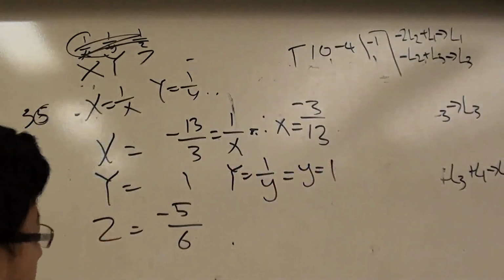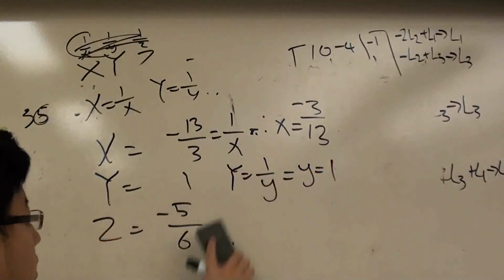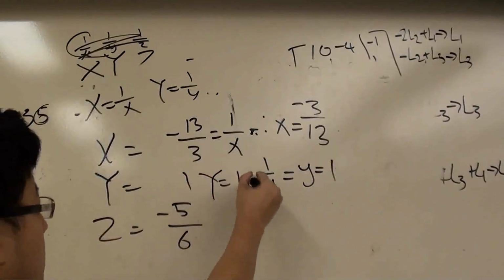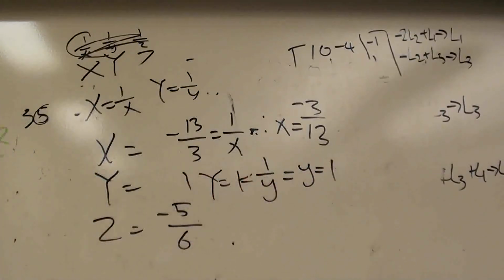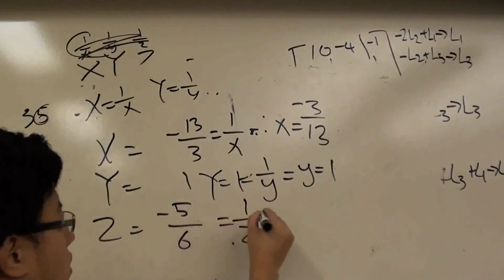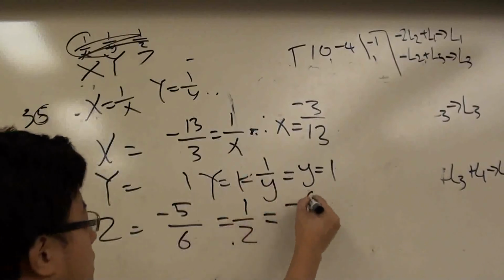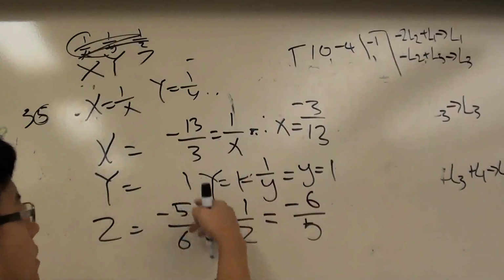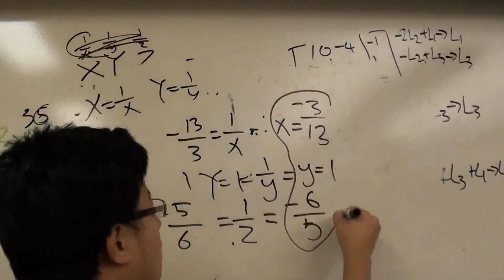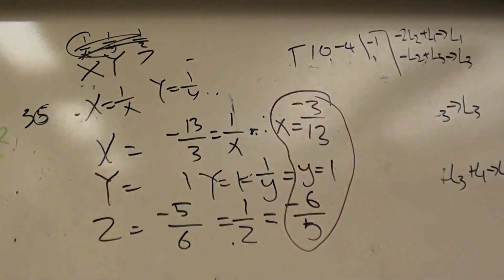Big Y equals 1, so y equals 1. And z, same thing. So 1 over big Z, which is negative 6 over 5. Just flip that upside down. So these will be your answer. Alright, so finally we are done.